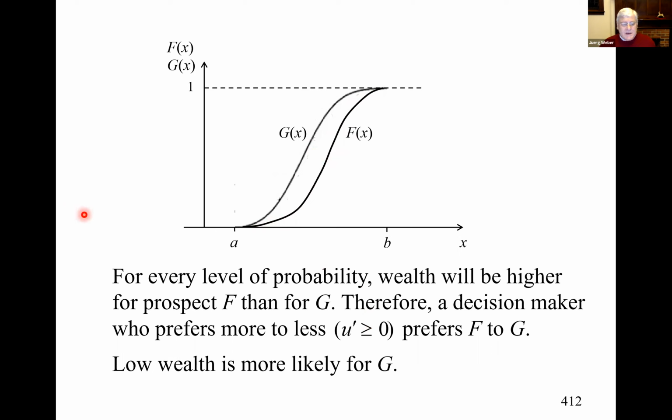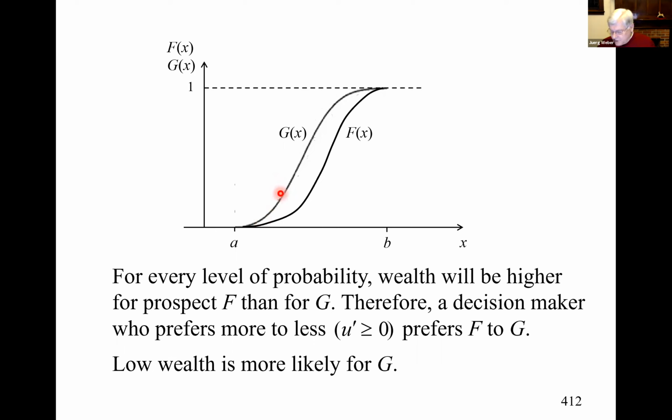You can also say low wealth is more likely for G. You see here it goes up faster, the CDF. So actually we have higher probabilities, those lower values of wealth are more likely for the G distribution. And so if you prefer more to less, then you don't like that.